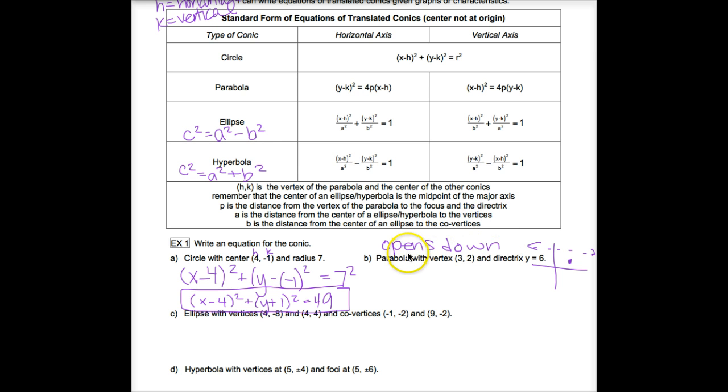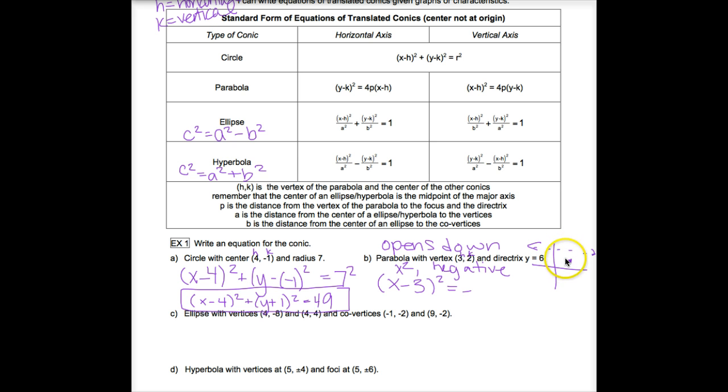So when I do that, that tells me multiple things. That tells me that the x variable is going to be the squared one and that it's going to be negative. So the h value is 3, k value is 2. So I know since x is going to be squared, that's over here. So x minus 3 squared equals, I know it's going to be negative, but I need to find what my 4p is.